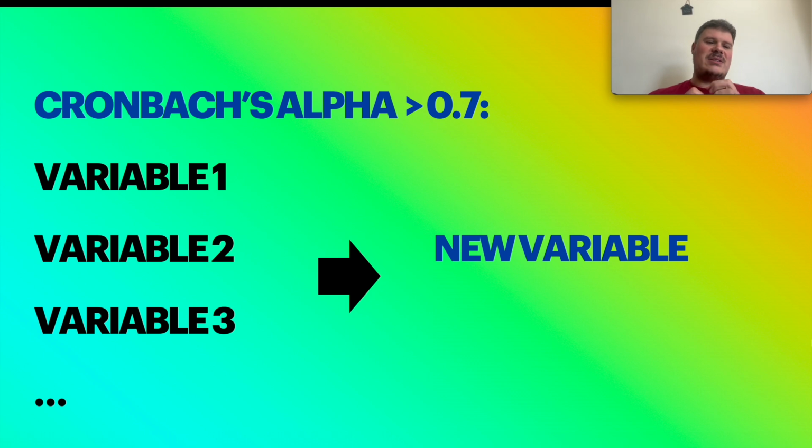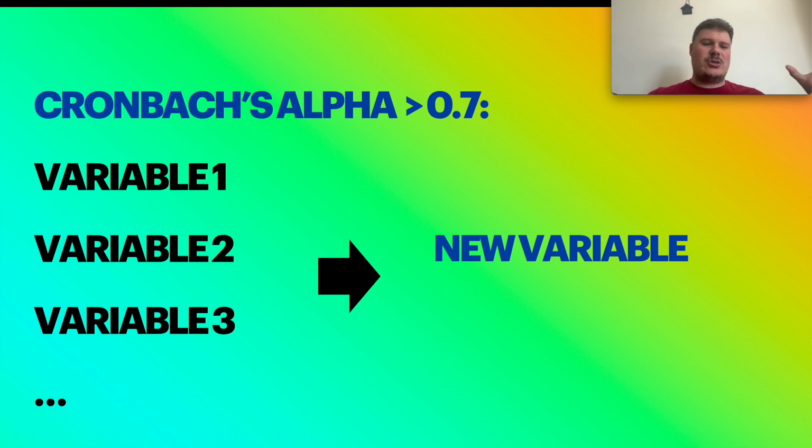Once you've got a Cronbach's alpha of above 0.7, so you've got lots of variables, 1 to whatever, 20,000, you can use the reliability analysis to combine them into one new variable. So let's say you have a series of questions about political leaning, and you want to have one variable that measures political leaning.